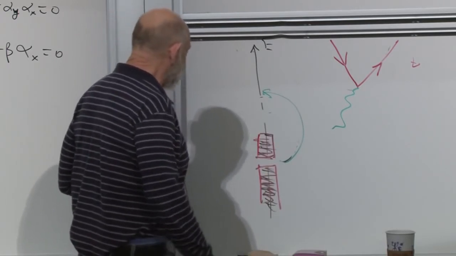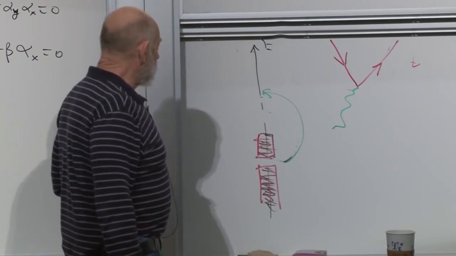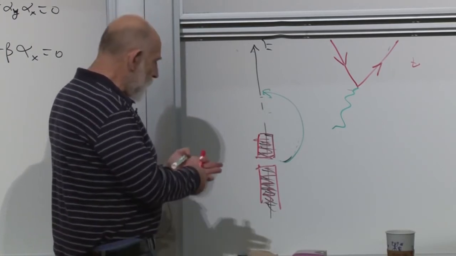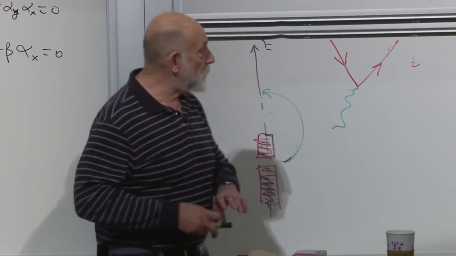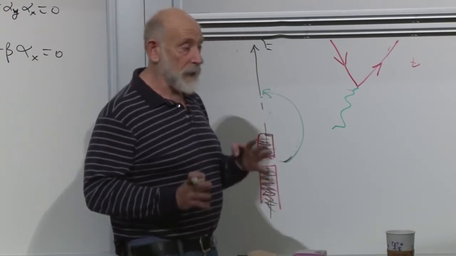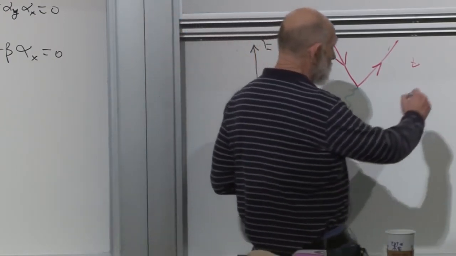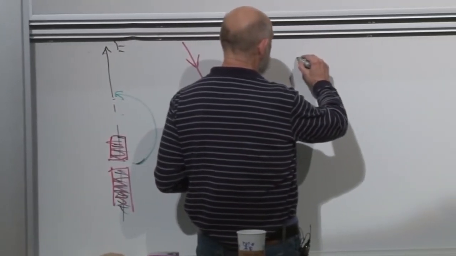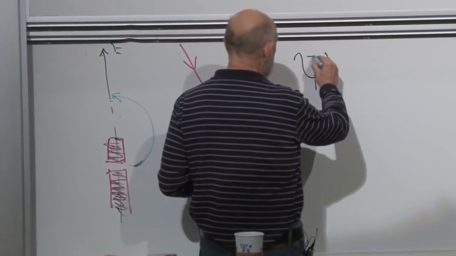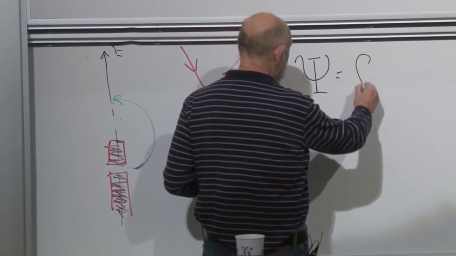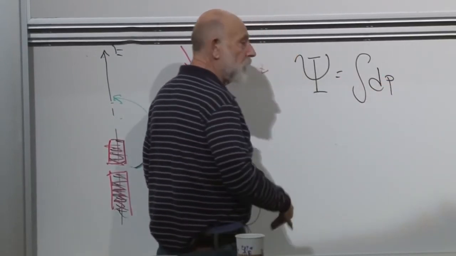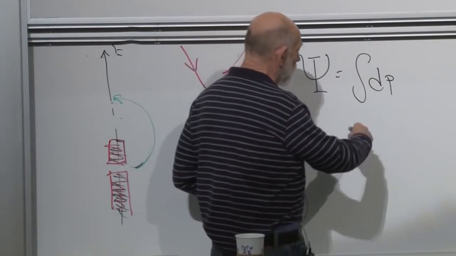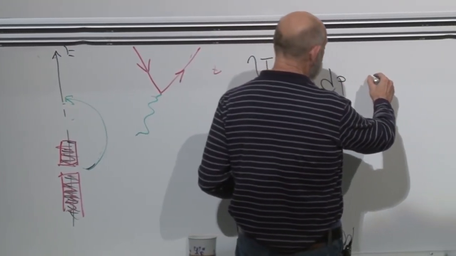So this is the Dirac theory of electrons. Let's talk about the field operators describing them. The field operators are built exactly the same way as the boson field operators. Psi is built as an integral over the momentum, dp, of creation and annihilation operators for particles of given momentum.